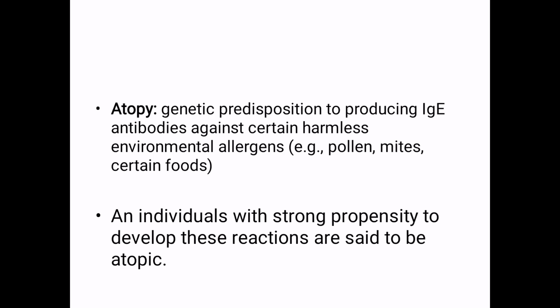Atopy again is a genetic predisposition to produce IgE antibodies against certain harmless environmental allergens like egg, as I said, like pollens, grass pollen, mites, and certain foods.